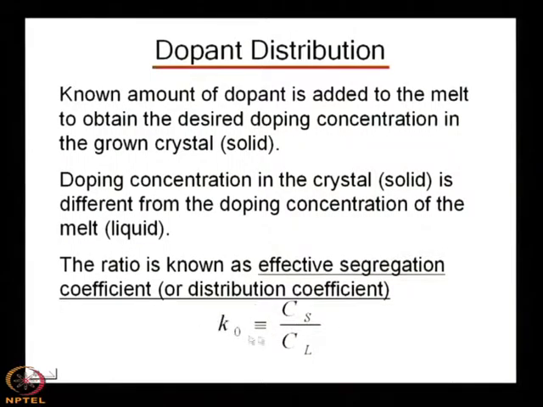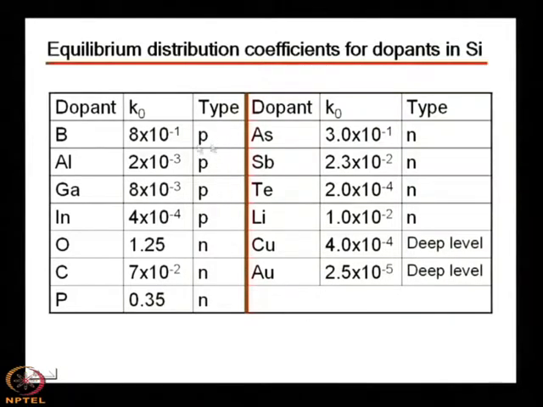So, the K0 or Kd, in some books you will find that it is written as Kd or simply K, it is the segregation coefficient or the distribution coefficient of the impurity in the crystal. And you can see the values of the distribution coefficient for different kinds of dopants in silicon.